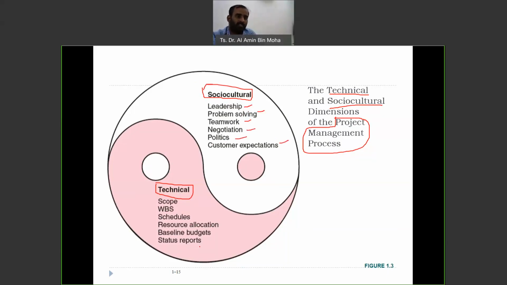So we have two dimensions, right? Which one is important when you are dealing with a project? Is it sociocultural or technical? Since you have more of an engineering background, you're going to say technical, right? Because we are more on the technical side. Actually, both are very important. If you know how to do the job, but you don't have good planning, good leadership and communication, then things are going to go down the drain as well.